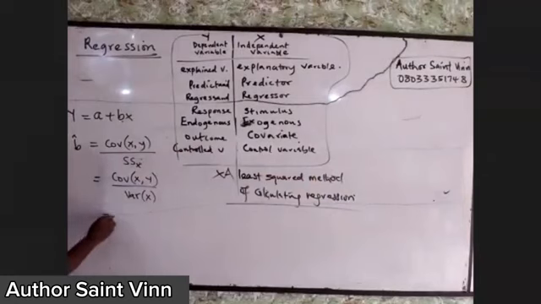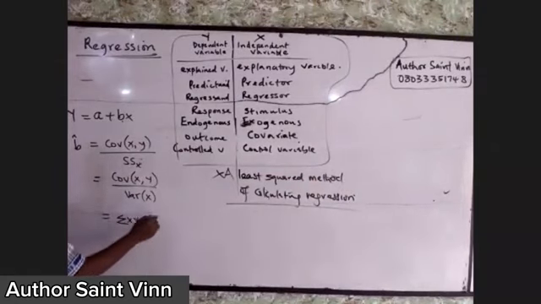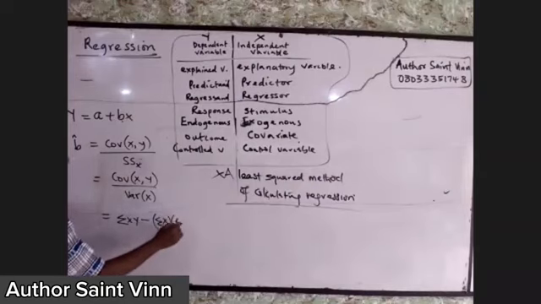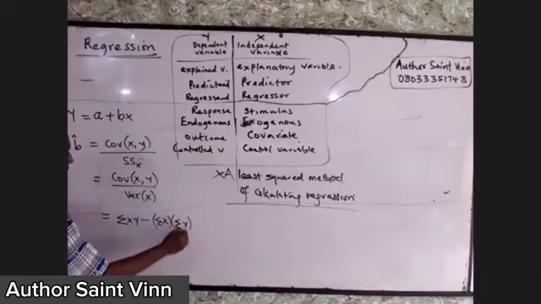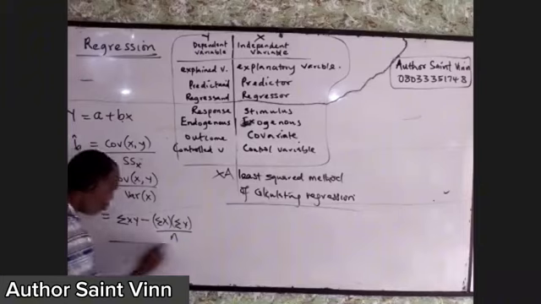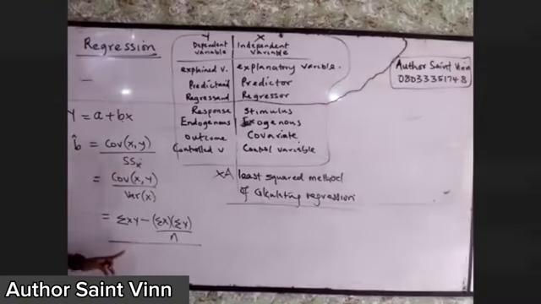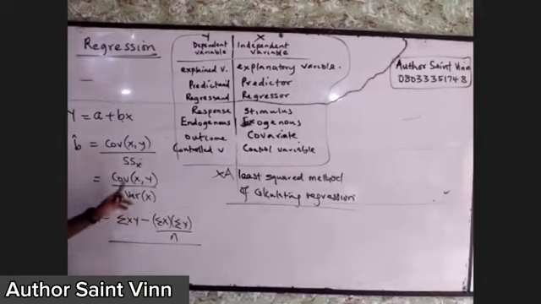And our formula has changed. Summation of XY minus summation of X, summation of Y, all over N. That is the numerator.